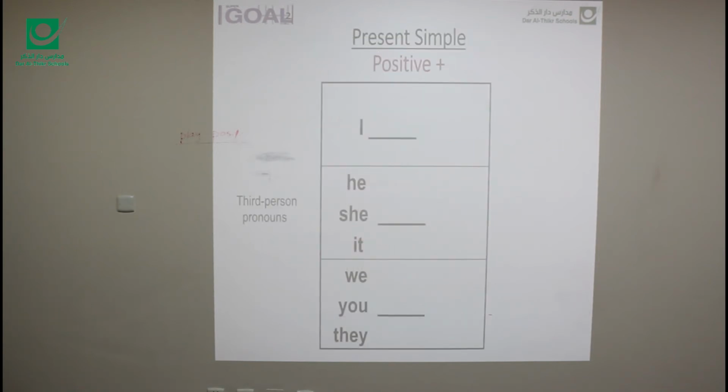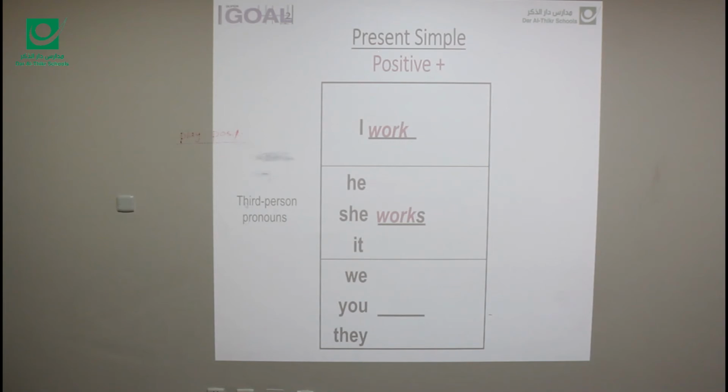Okay, let's go to the form of this tense. In the positive form, we have I work, he, she, it works. He, she, it are the third person pronouns.